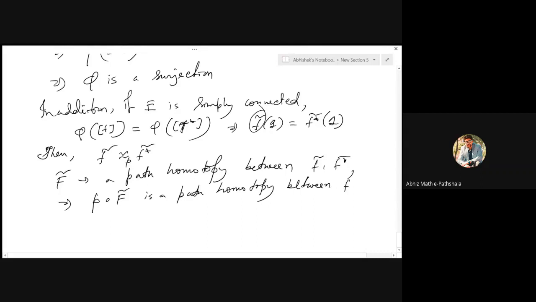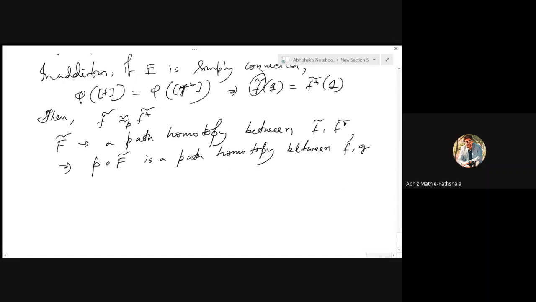These are very routine checks, and you can do this on your own. So f and f star, their classes are same. So this proves that this phi is actually one-one.